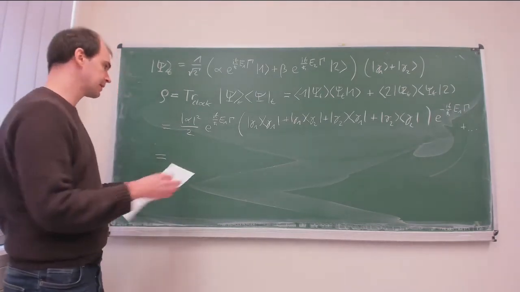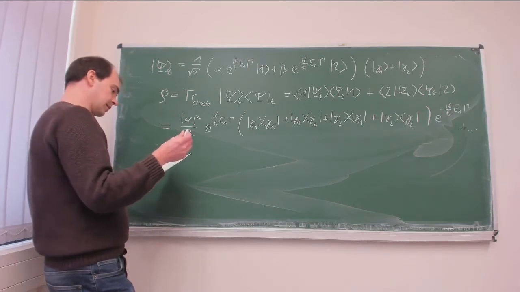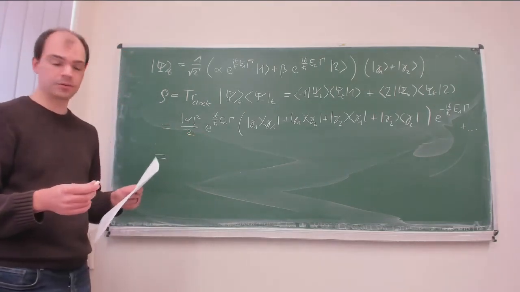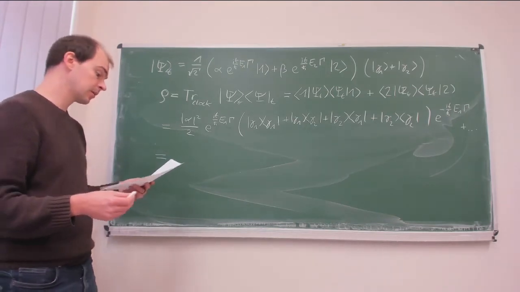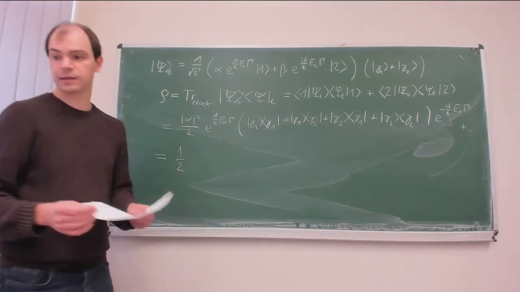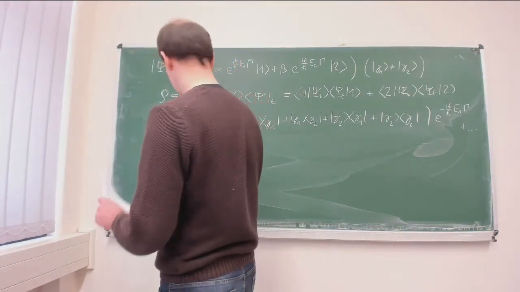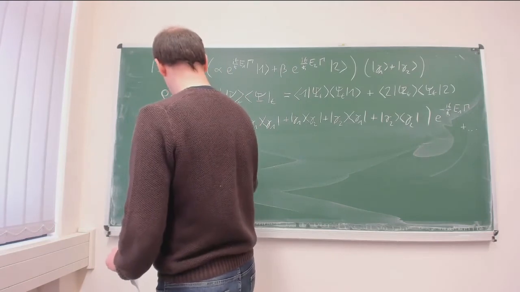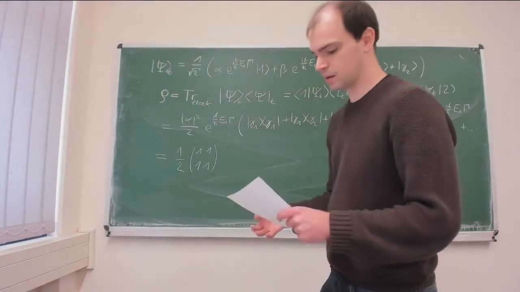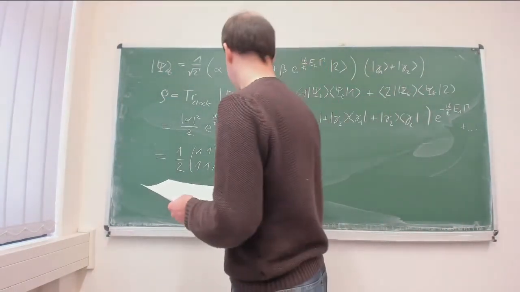So just linearizing this. What we get in the lowest order, and I skip one step now that you can find in the lecture notes. So at the lowest order, you just get the following density matrix. You get 1/2 times this, so you get a 2 by 2 matrix that has 1/2 in each entry.